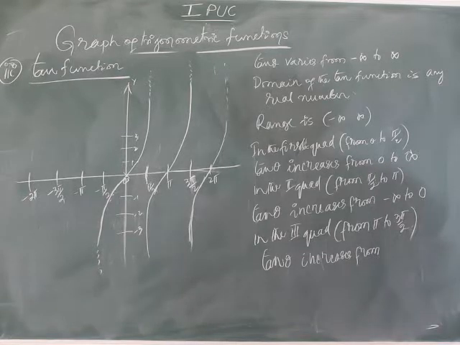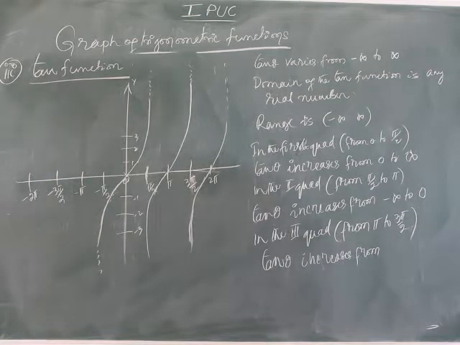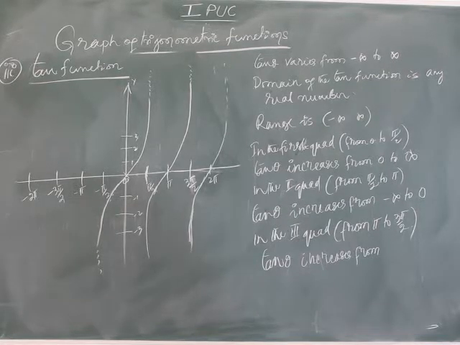Increases from 0 to pi by 2, increases from pi by 2 to pi, increases from minus infinity to 0, 0 to infinity, third quadrant.